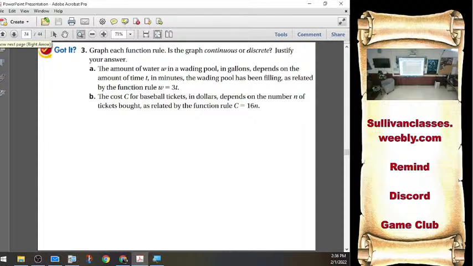Maybe I want to buy 3.1 tickets because I'm going to buy one for myself, one for Maddie, one for Killian, and I only want Grace to be with us for the first inning. After that, she has to go away. Like you can't do that, right? You have to buy an entire ticket or not. So that is discrete.